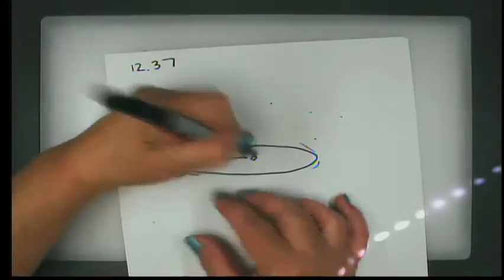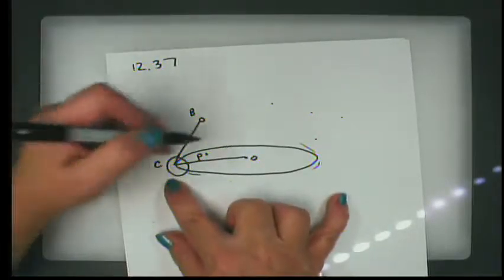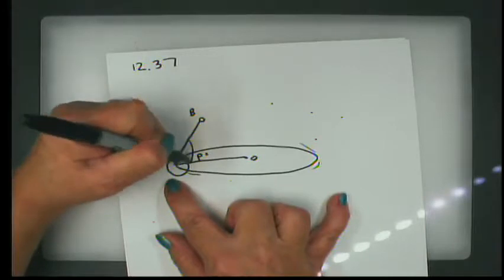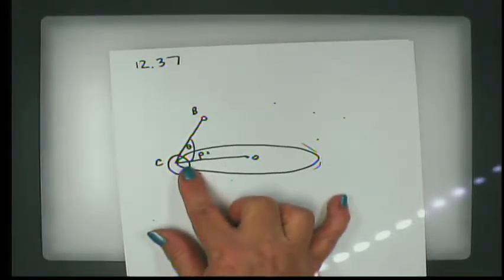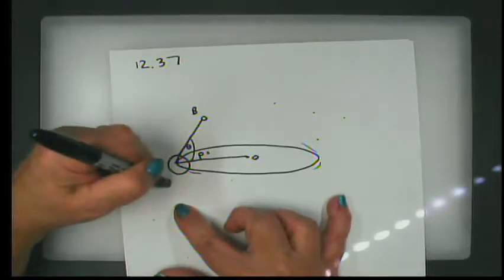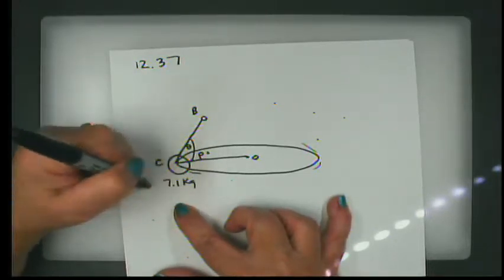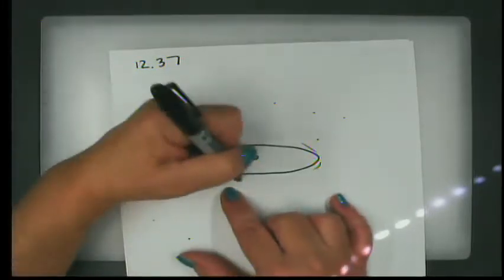Call that point O, so don't confuse it with C out here. And it gives me an angle here, too, of theta. So during a hammer throw, we have a 7.1 kilogram head. So the mass is 7.1 kilograms, and it revolves at a constant speed.